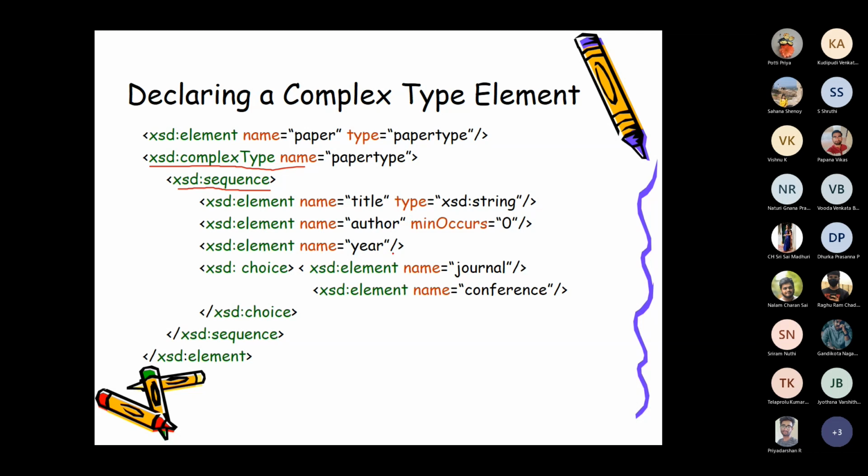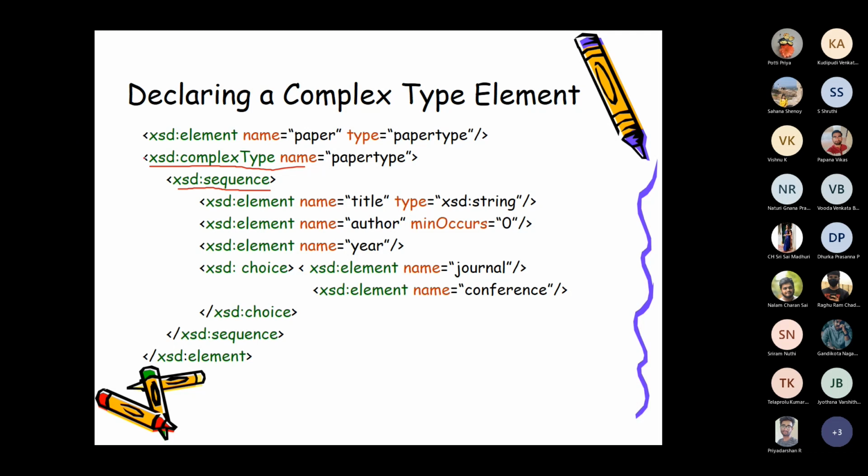So this is the sequence of the paperType element. The paperType says it can contain elements title, author and year, where title is string. Author is optional because minOccurs equal to 0. Year is like any type, as it doesn't mention any specific type information. And you have two elements, journal or conference, and you are going to choose one among them. That's it.